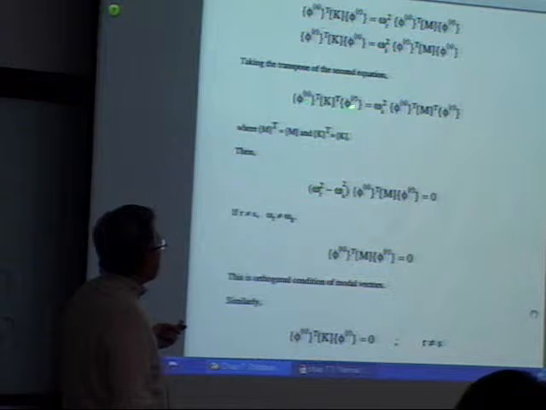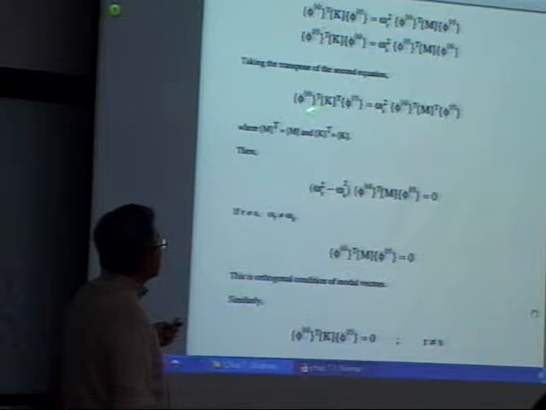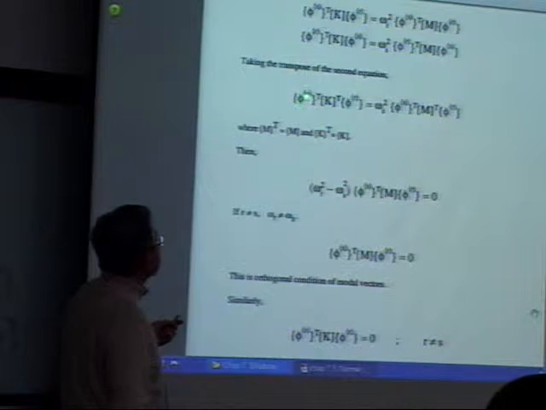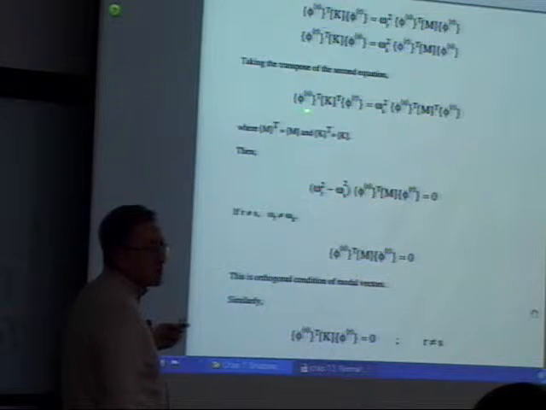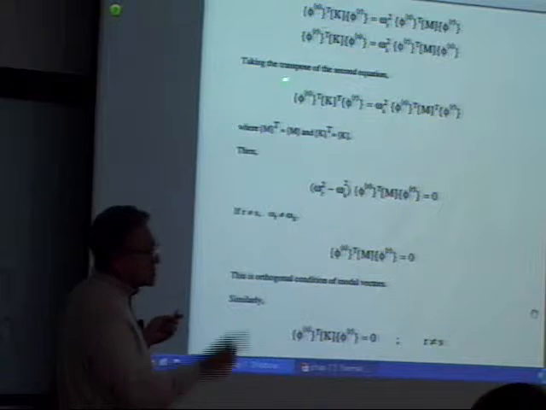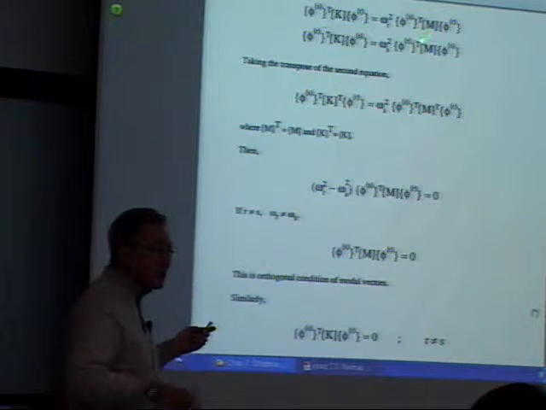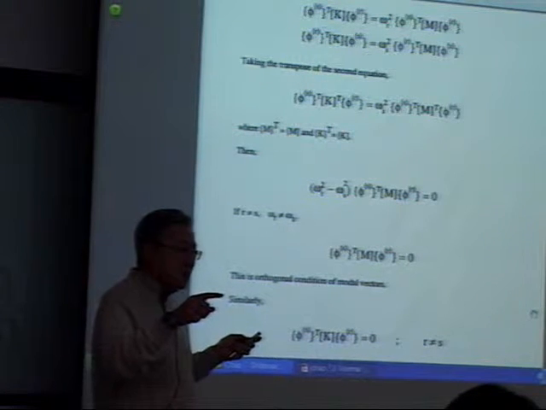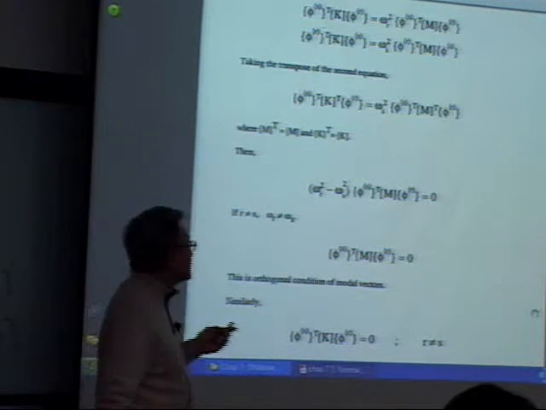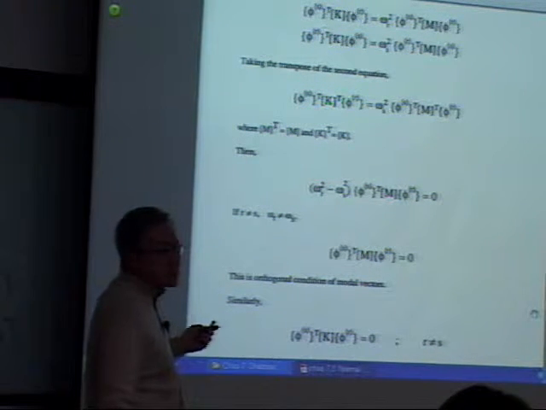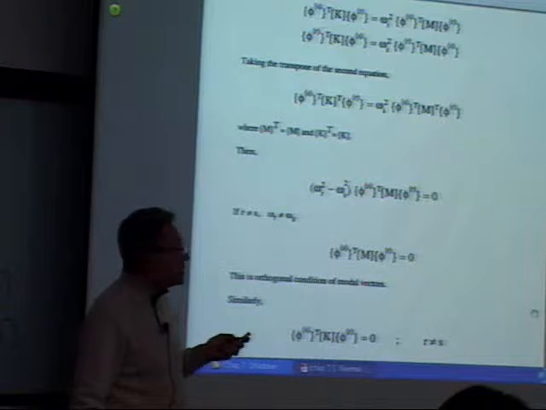So what's the final dimension of the left part? Phi s is n by 1. Then take a transpose, which is then 1 by n, right? This guy after transpose is 1 by n. K is n by n.